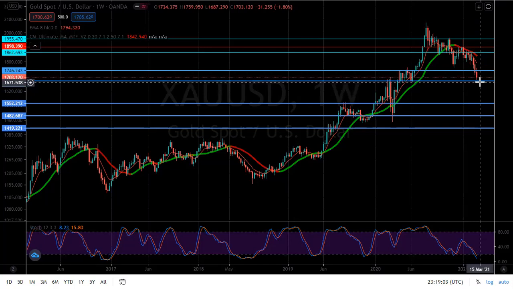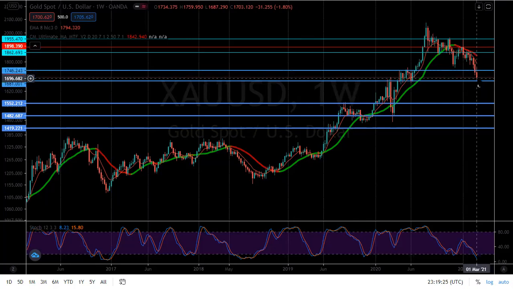We might have a retest of this broken support that will return to resistance at the 1741, 1745 area. That's broken support that will return to resistance there. So we might see price go back to retest that 1745 area.